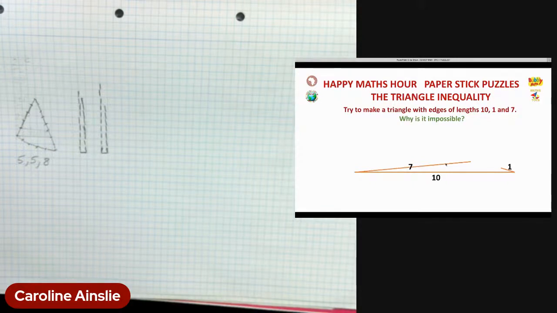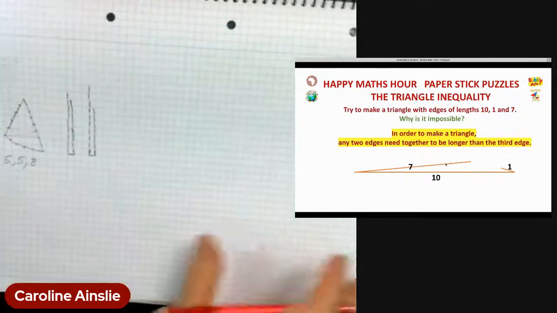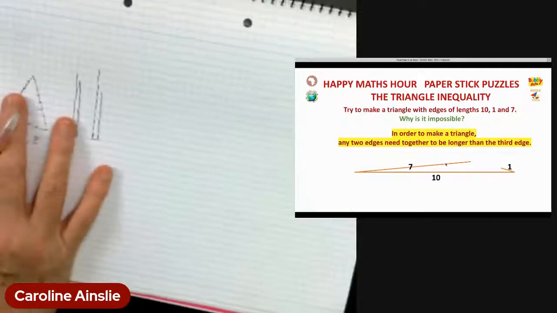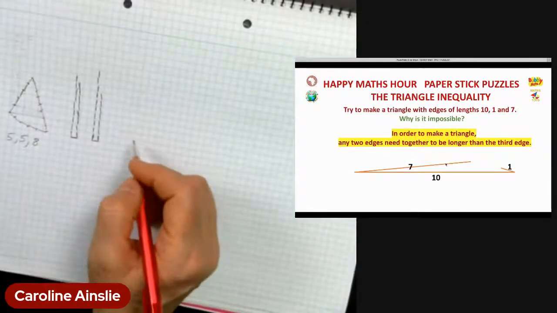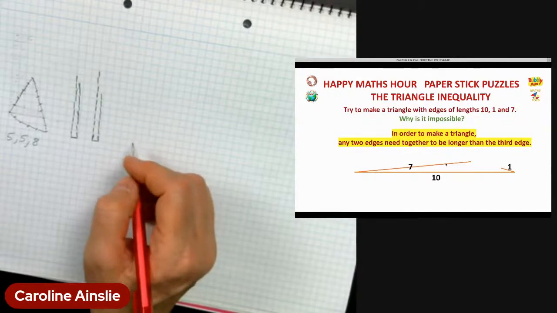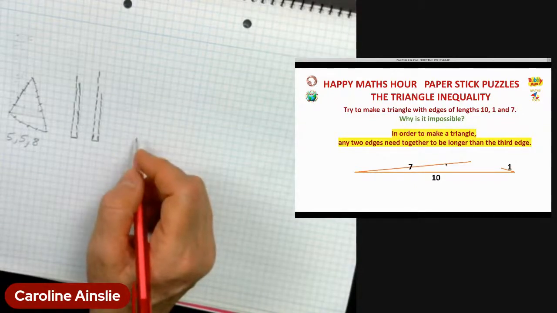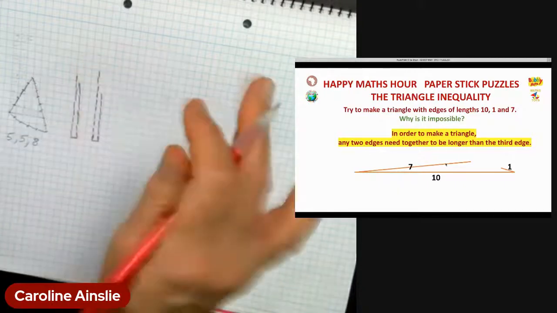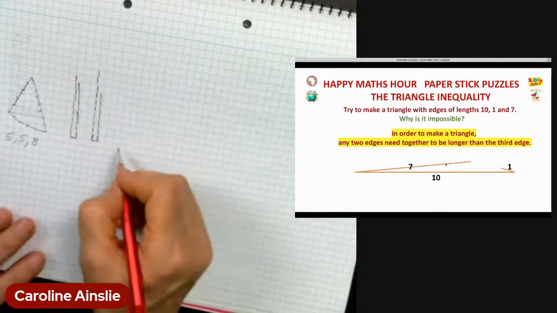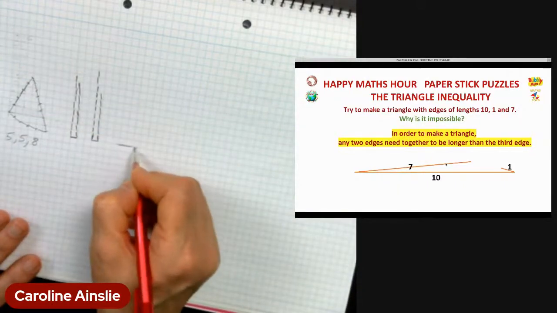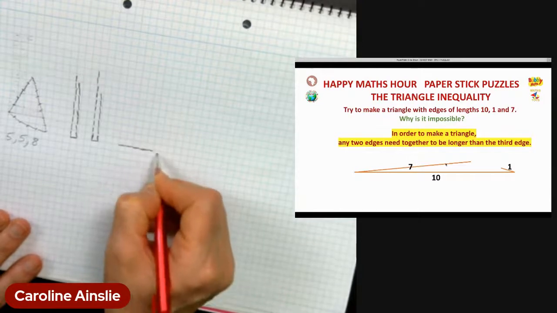So what do you need? In order to make a triangle, any 2 edges together need to be longer than the 3rd edge. Okay, wait a minute. What about if I had 20, and I could have 10 and 5 and 5? They would join together, wouldn't they?